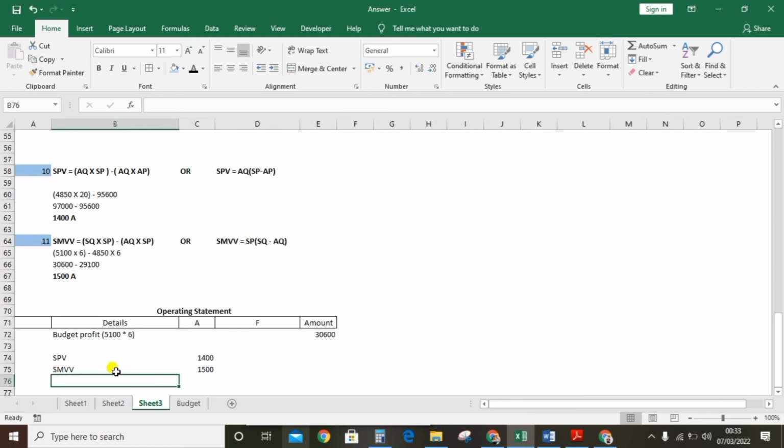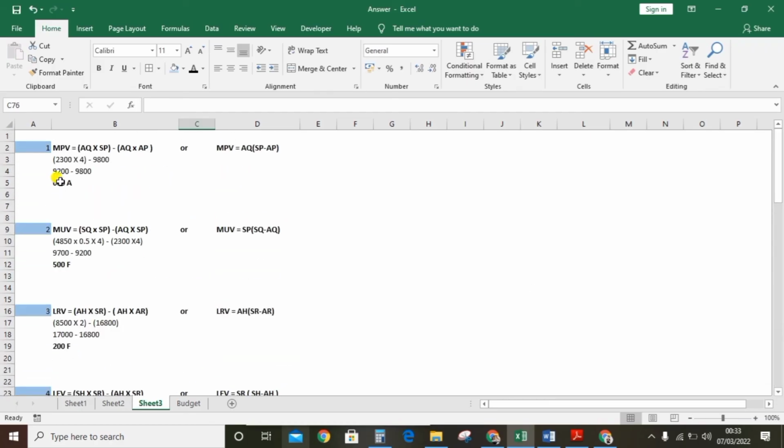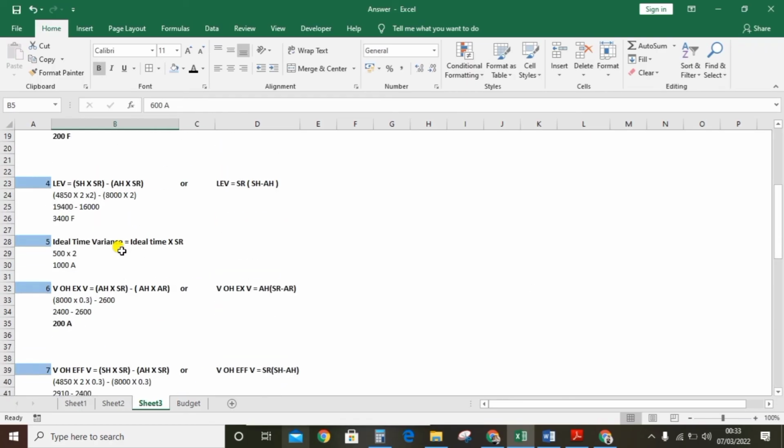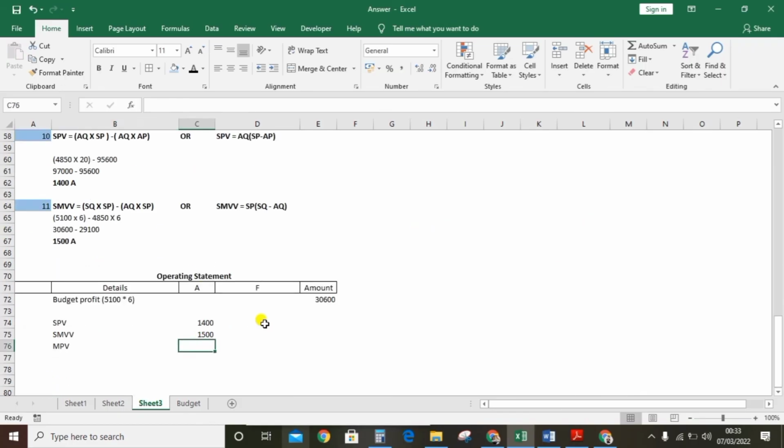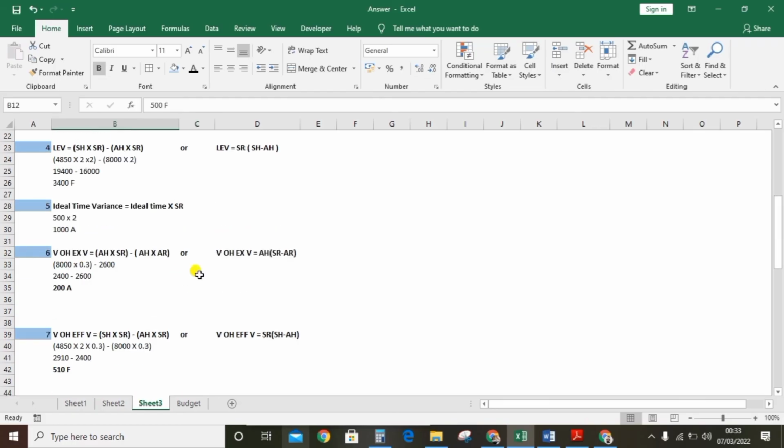Material price variance, 600 adverse. Material usage variance, 500 favorable.